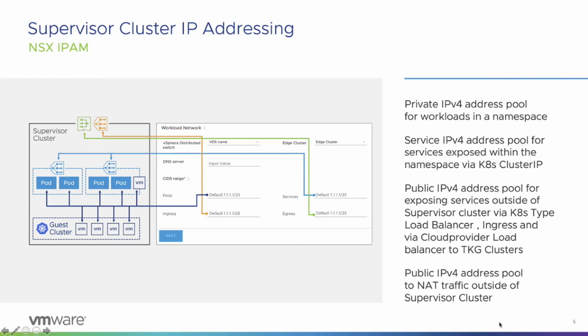IT admin has to provide a set of IP addresses so that when DevOps folks deploy these applications, IP addresses are coming off of these blocks. So the first thing IT admin does is give NSX a set of IP CIDRs as pools, so that NSX behind the scenes, as the DevOps persona is deploying applications, can pull an IP and apply it to the services or the endpoints.